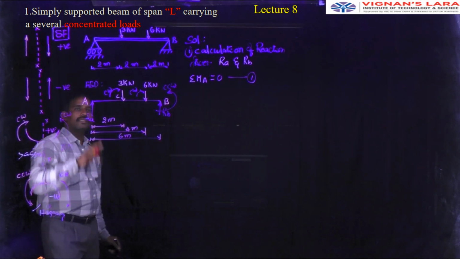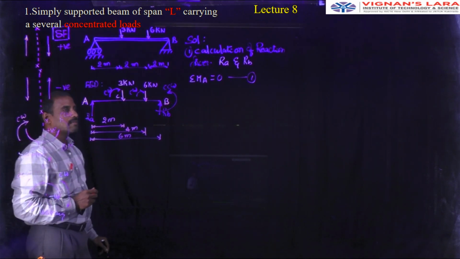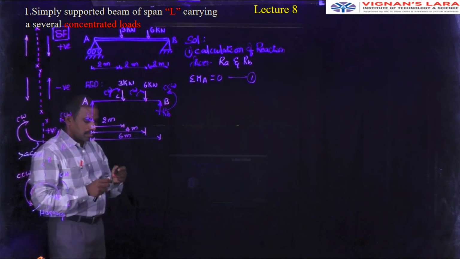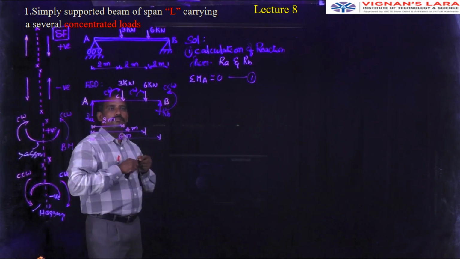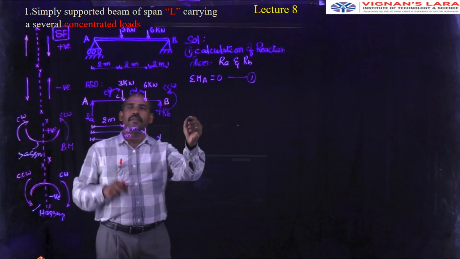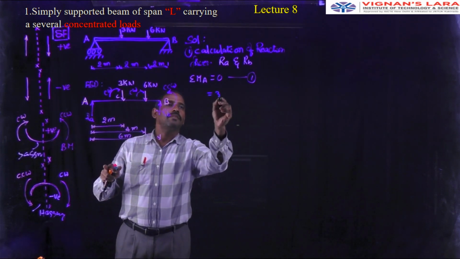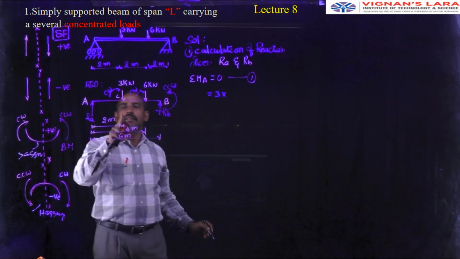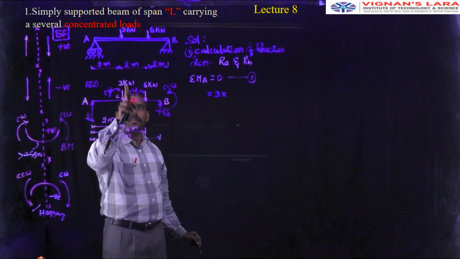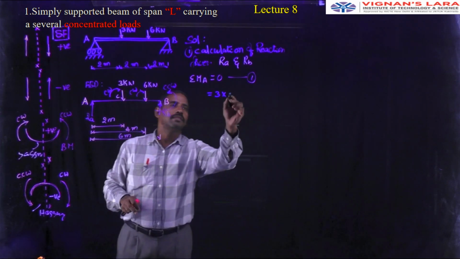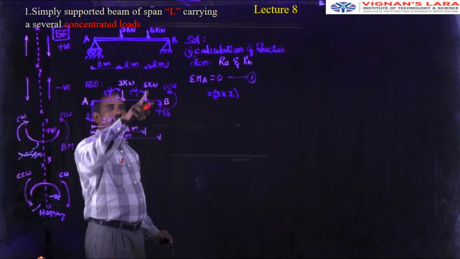For our convenience, clockwise moments are taken as positive and counterclockwise moments as negative. So what about the summation of moments, sigma MA? That is equal to 3 into the perpendicular distance from the moment center A to the line of action of the 3, that is 2. It is taken as positive because that is clockwise.